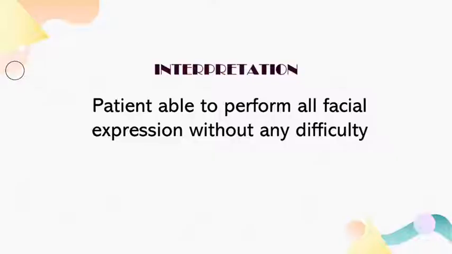Next, close your eyes tightly. Okay, good. Can you whistle? Okay, good. Lastly, show your teeth. Okay, good. Interpretation: patient is able to perform all facial expressions without any difficulty.